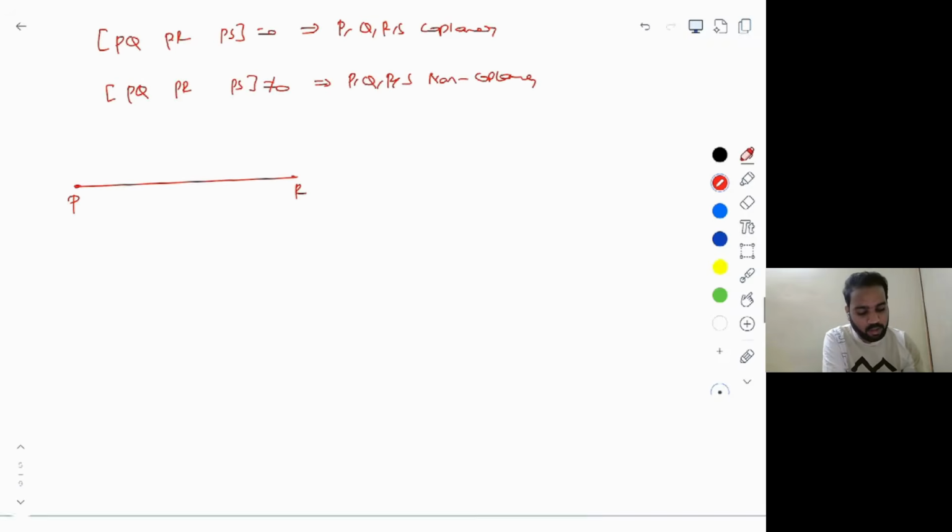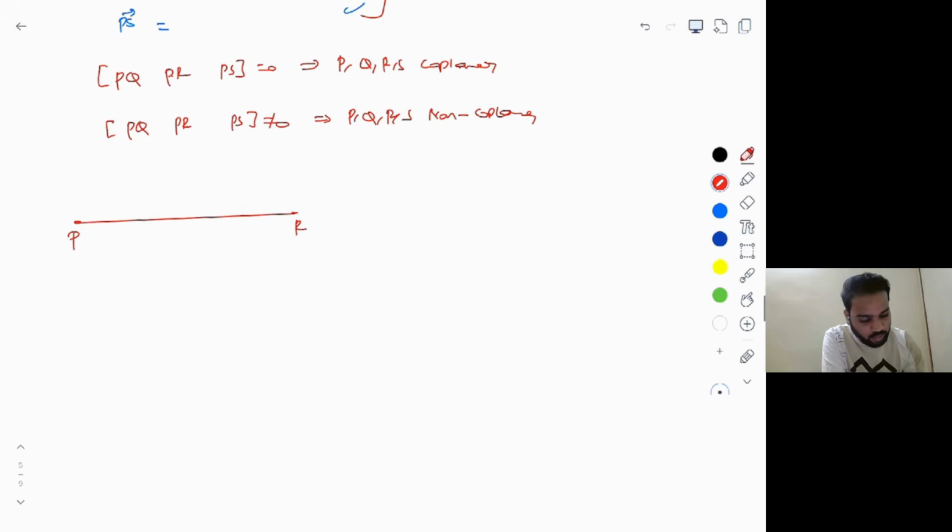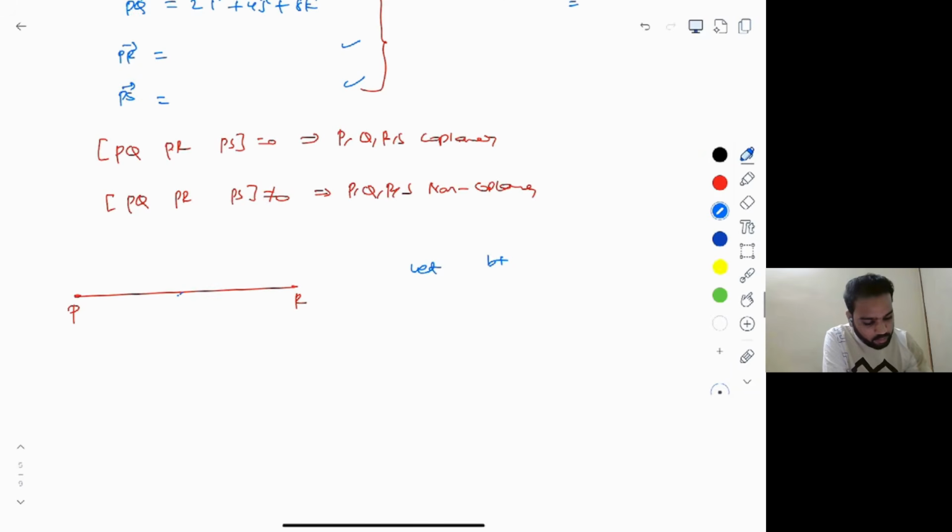Otherwise, you can start the question like this also, that you can assume the point B plus 2D by 3 divides PR in the ratio some lambda is to 1.